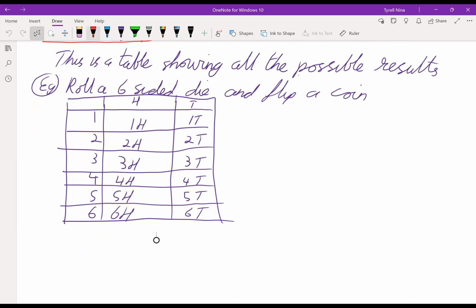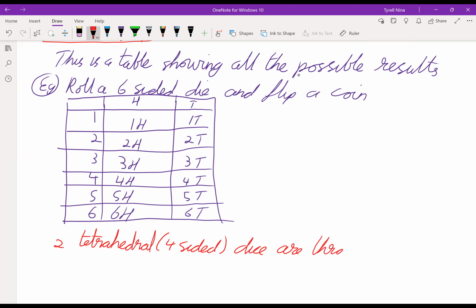Right? What about this? So you'll try this one for me. Two tetrahedral dice are thrown, and the result is multiplied.